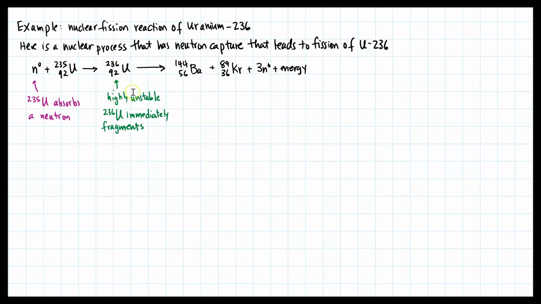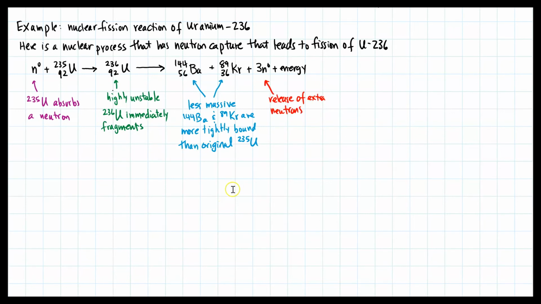This is highly unstable, and 236 immediately fragments by fission. Then there are two fission products, barium-144 and krypton-89. They're less massive, but they're more tightly bound than the original 235.